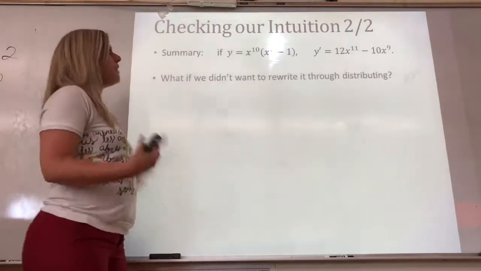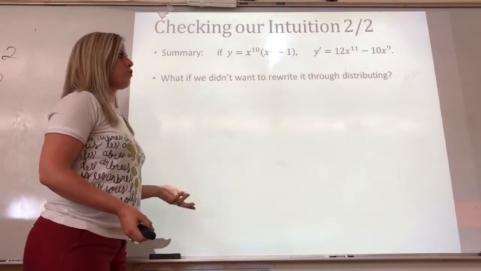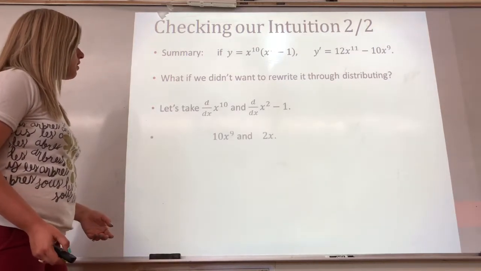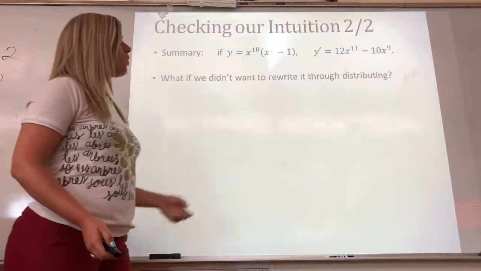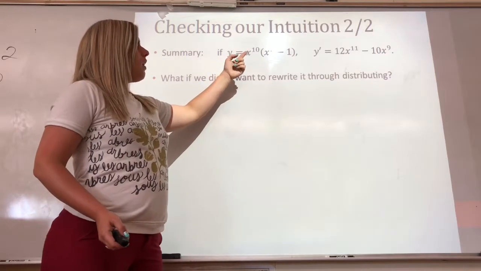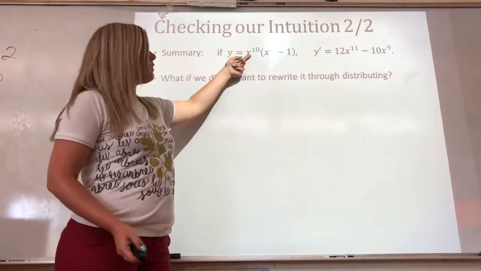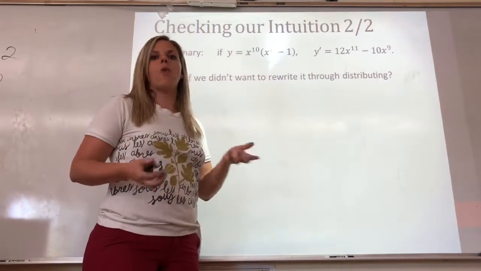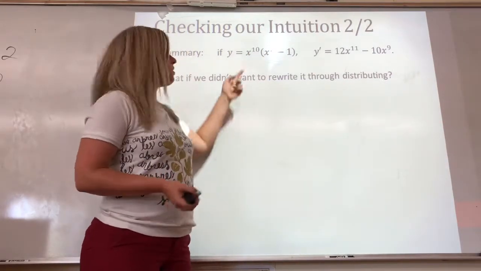My question is, what if I didn't want to write it through distributing? If I take each derivative, the derivative of this and the derivative of that, and then I multiply them together, is that y prime? That's my intuition, my gut.